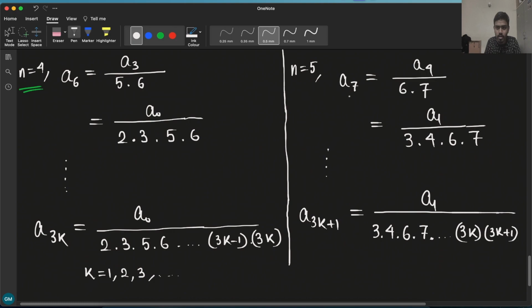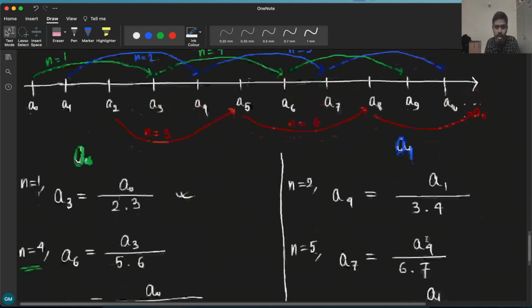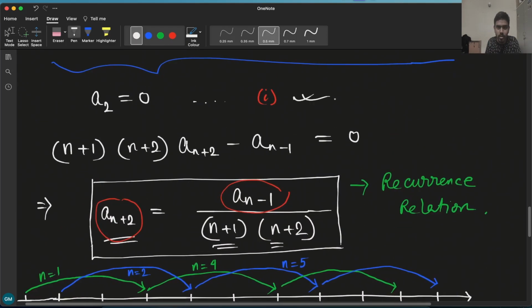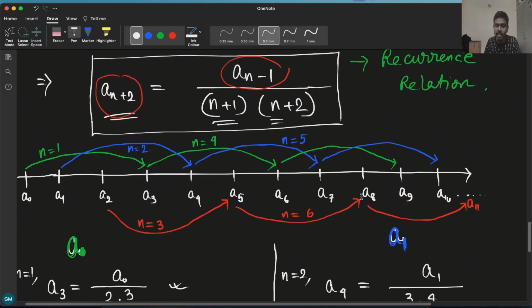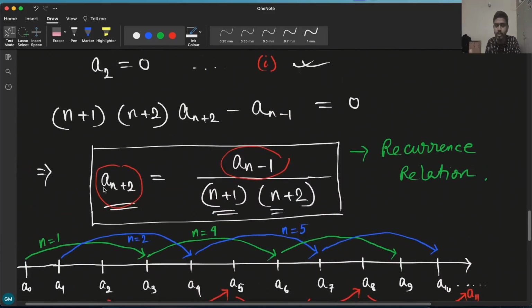The last term is a7, and this multiplication factor is 7, so it is characterized by 3k plus 1. Okay, so these are the two series we got, and from a2 if we proceed, a2 is 0 from equation 1, and that means a5, a8, like the 3k plus 2th terms, will be 0.